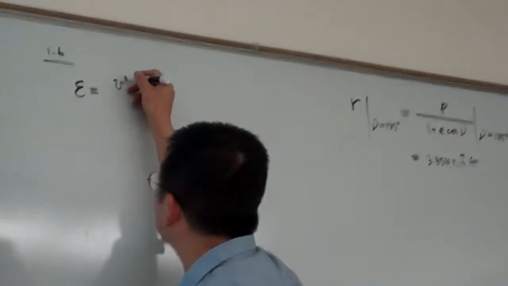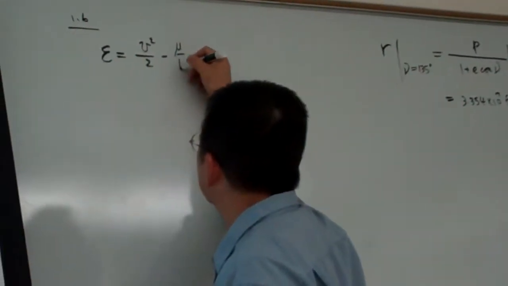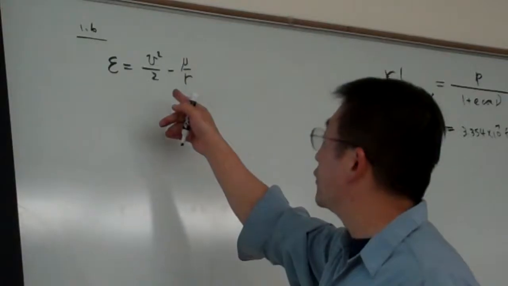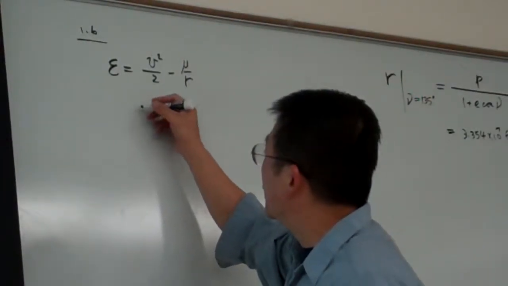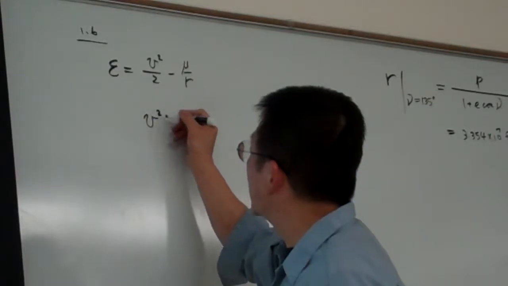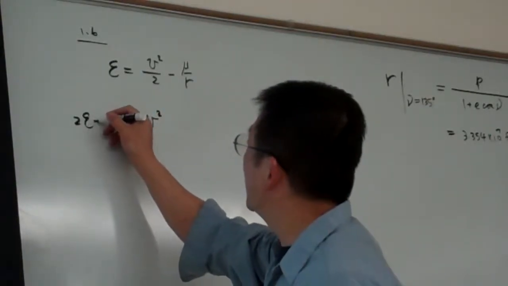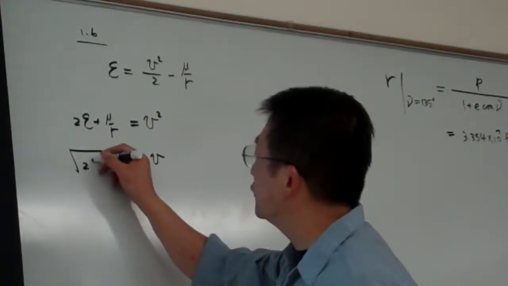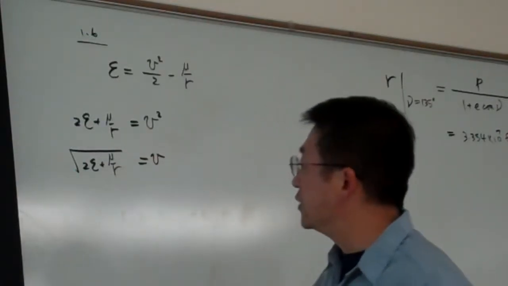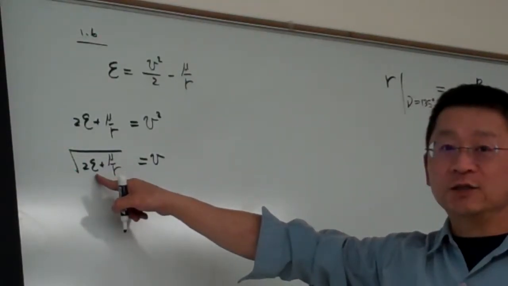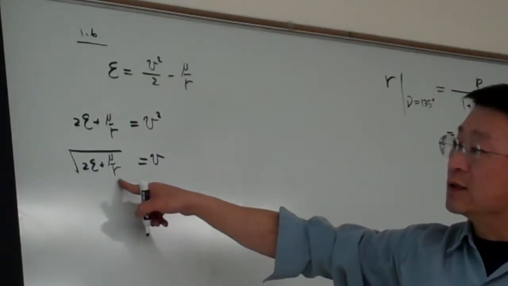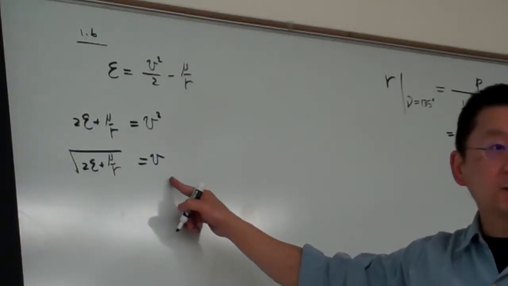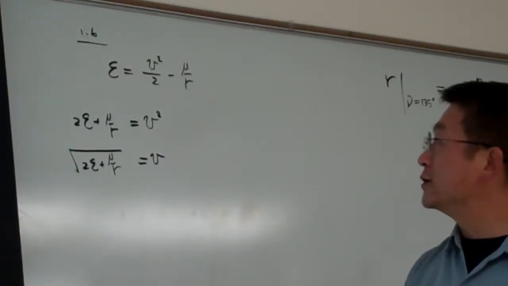And here we have velocity related to positions. Simply, we use this one. We have to rewrite, so V squared equals 2 times E plus mu over R. Therefore V equals the square root of 2 times E plus mu over R. For this question, we are given specific energy, and we are given R, the distance. So here is the velocity. This one is pretty straightforward. Okay.